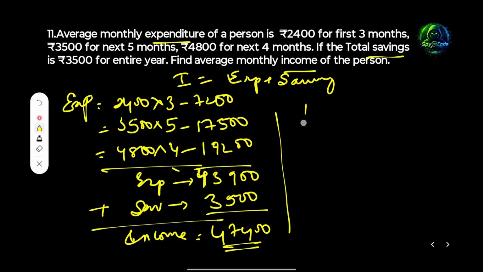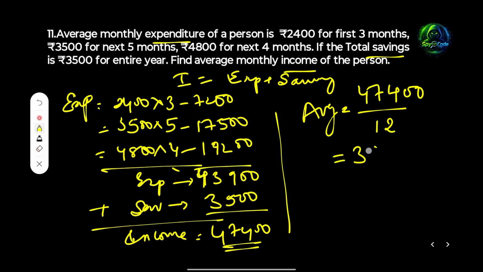Okay. So average monthly income. So total income is 47400, divided by how many months? 12. So upon solving this, we get 3950 rupees as monthly average income of this person.